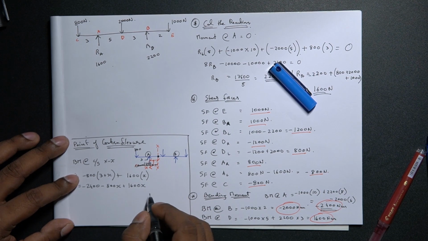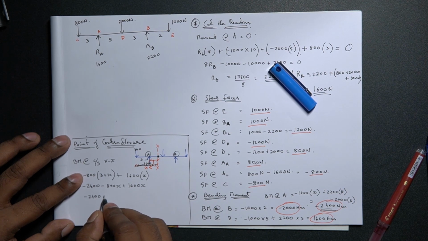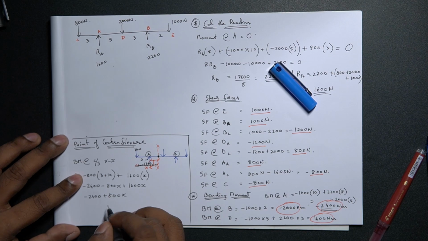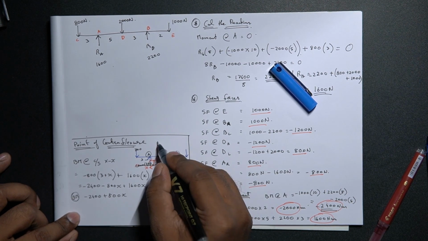That's pretty much it. We can solve this to get minus 2400 plus 800x. So this is the bending moment at section XX.